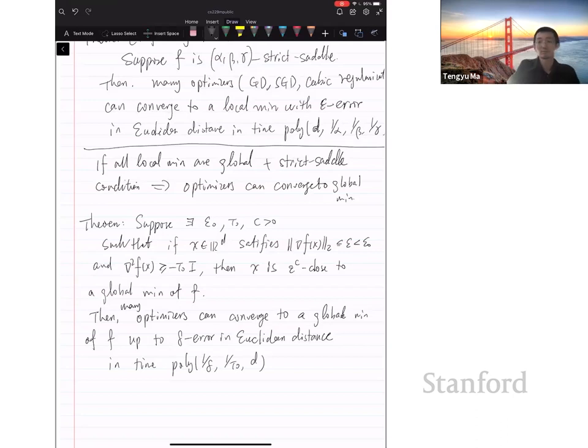It's not exactly stated the same as we did for the strict saddle, but if you think about it, it's basically the same statement.